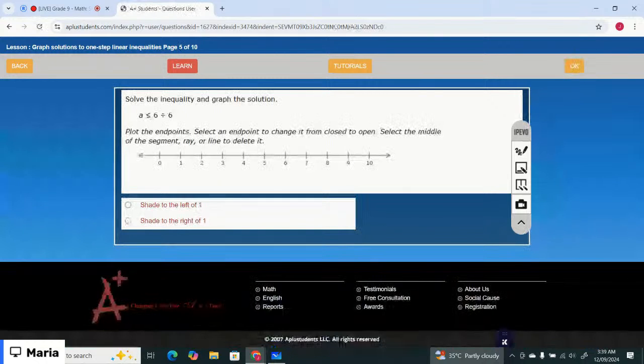Solve the inequality and graph the solution. A is less than or equal to 6 divided by 6. So which is the correct option?